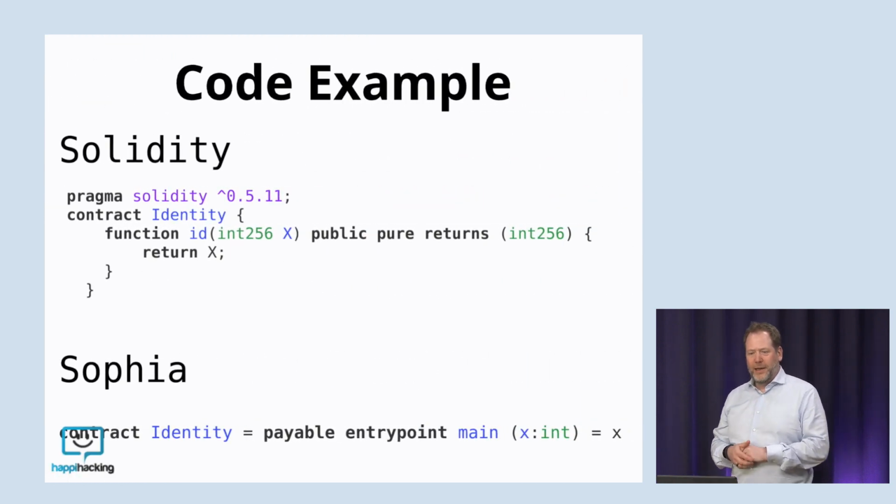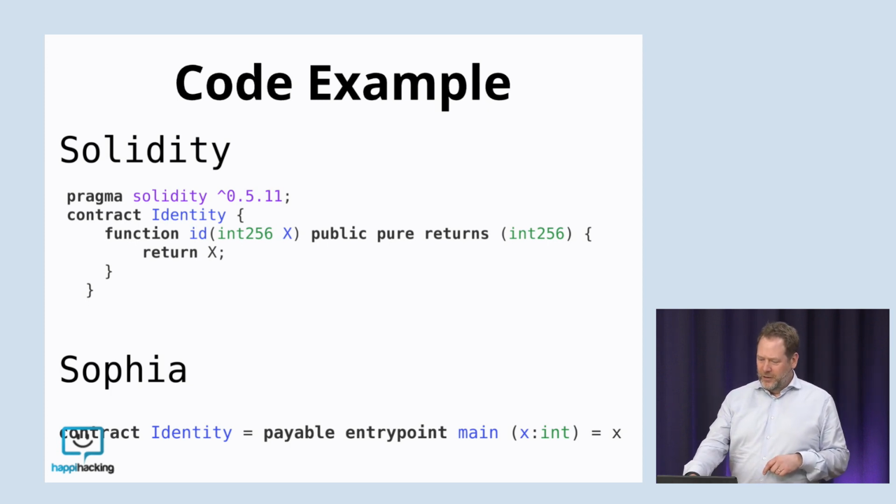So if we look at Solidity, which is a programming language for Ethereum, an identity function contract might look like the one on top here. And then we have the Sophia contract, the same function, taking an integer and returning an integer, which can of course be arbitrarily sized in Sophia.